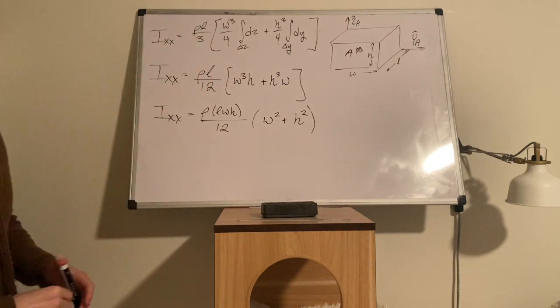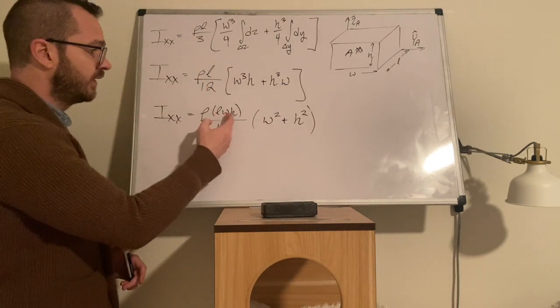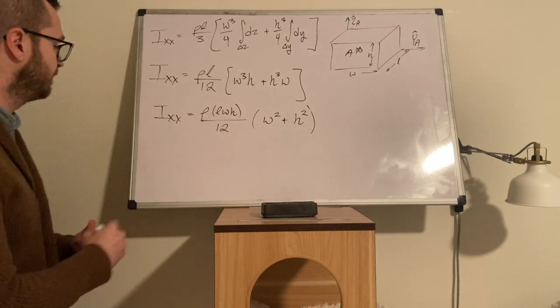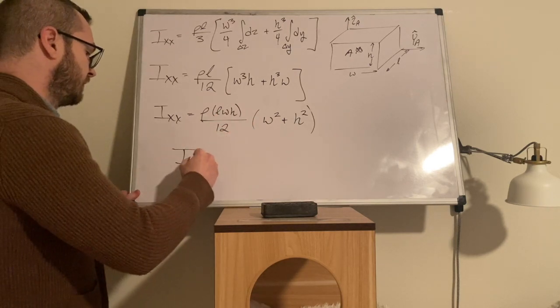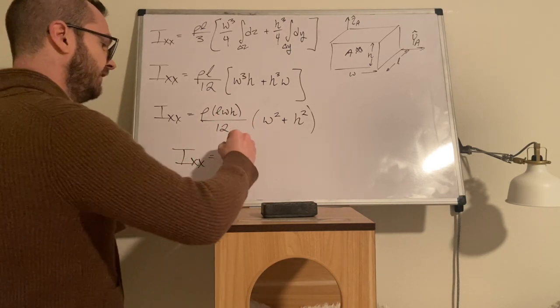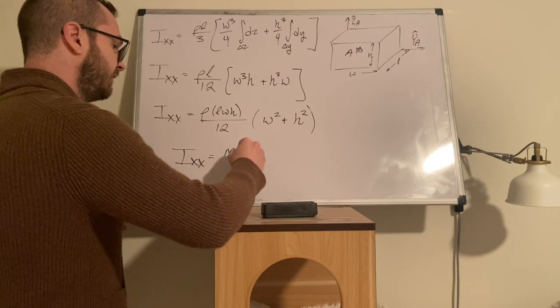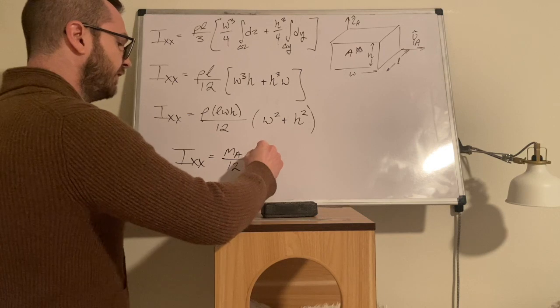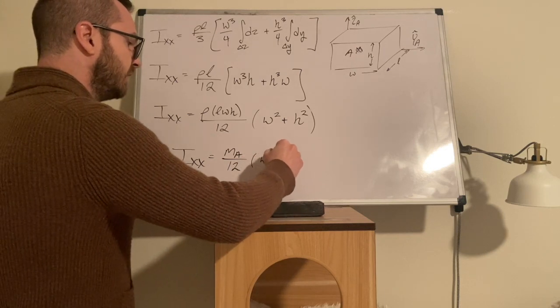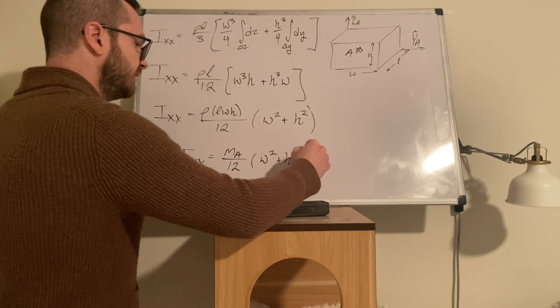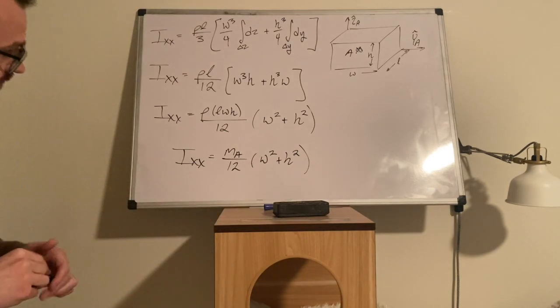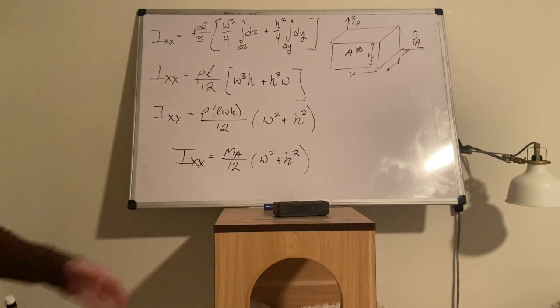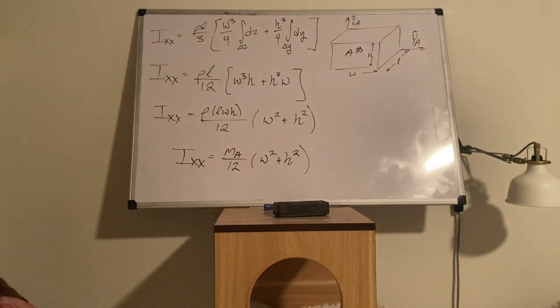Now we're looking at a block, so length times width times height, that's the volume. Ixx is the mass, let's just call it mass of A, mass of A over 12 times w squared plus h squared. All right, so blocks are easy.